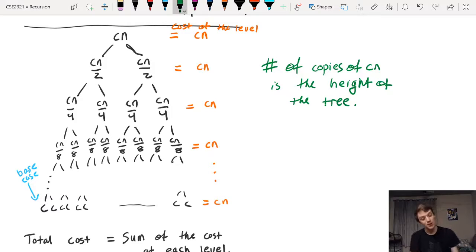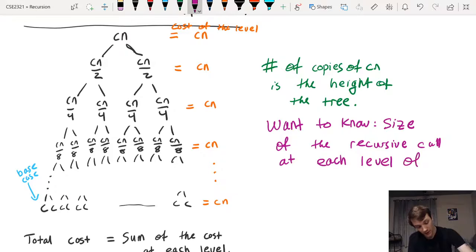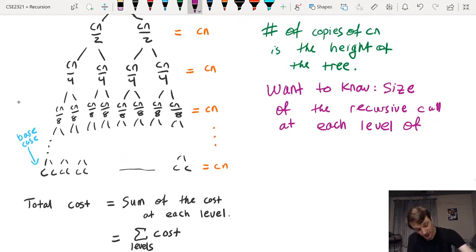The way we can compute the height of the tree is we want to know how many times we need to make a recursive call to arrive at the base case. So we want to know the size of the recursive call at each level of the tree.